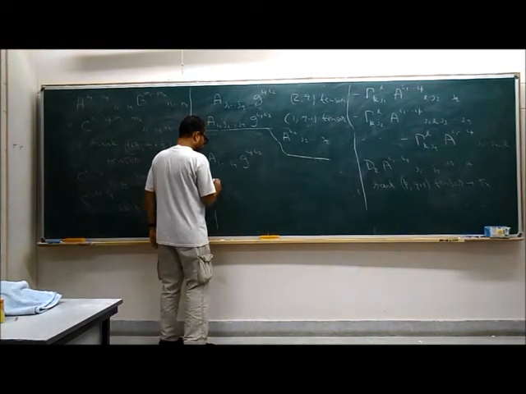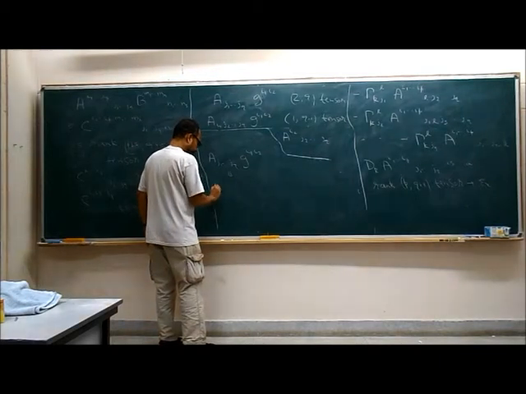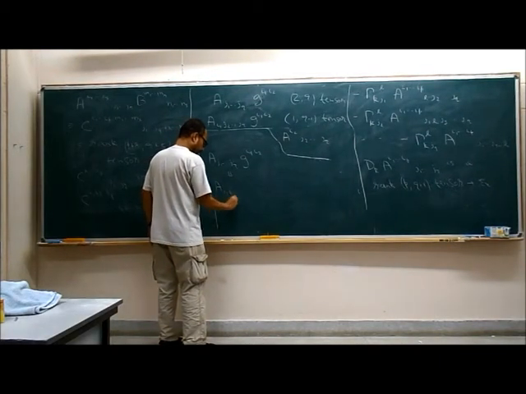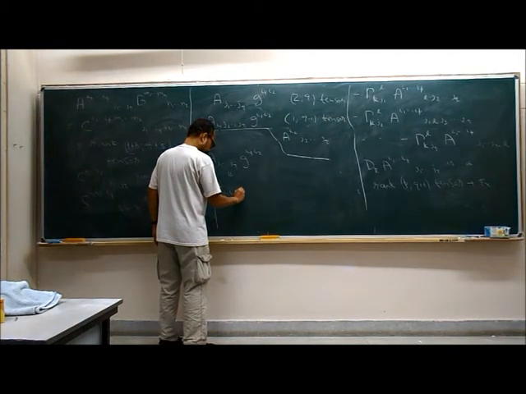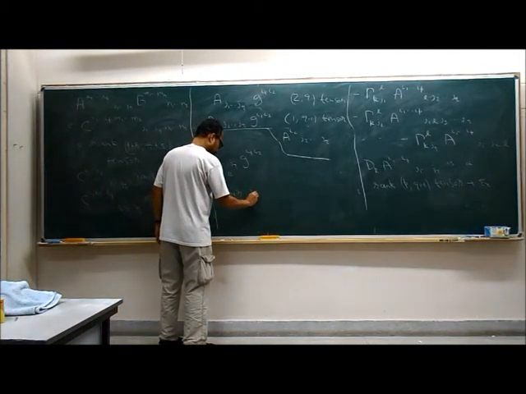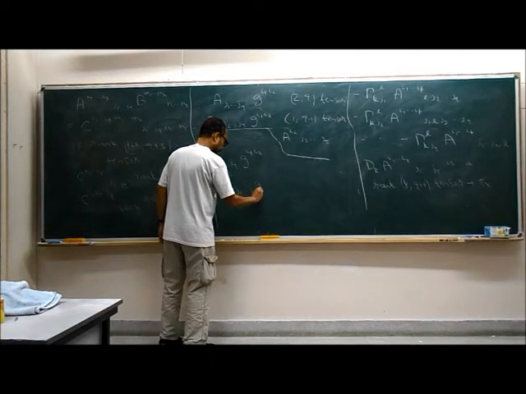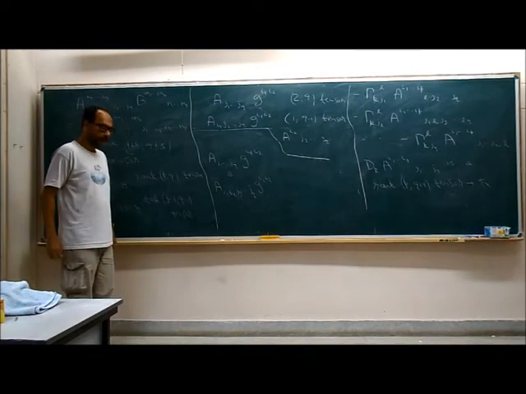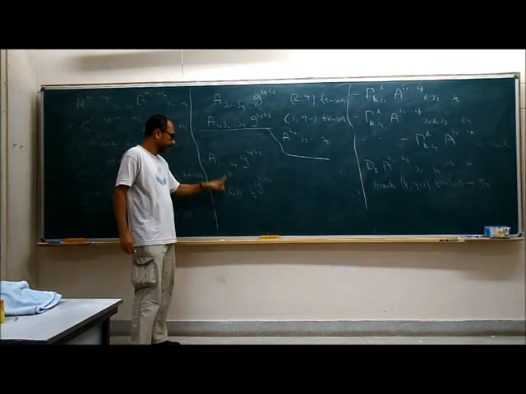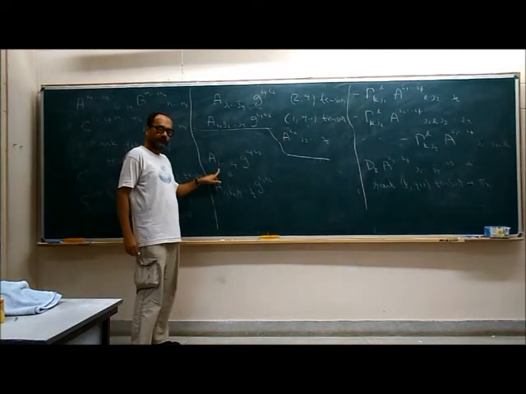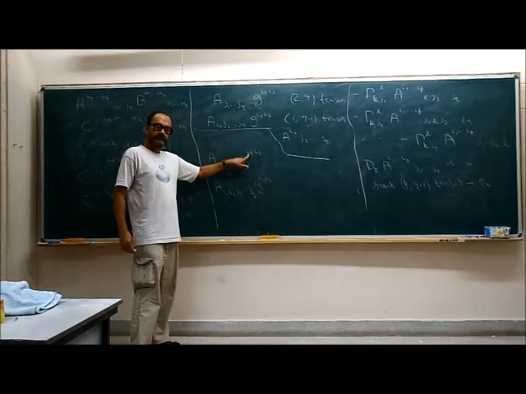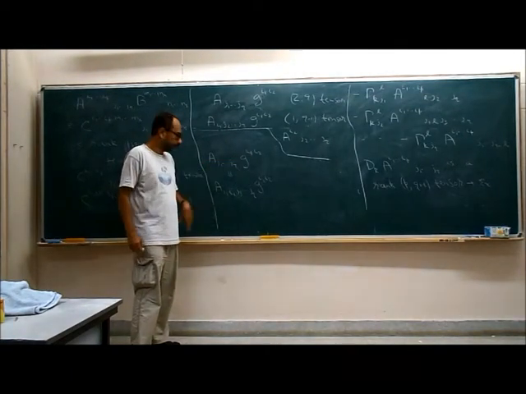So you go from here to A J1 I1 J3 and so on, times G I1 I2. Earlier we had contracted J1, but now we are saying J2 equal to I1 and sum.